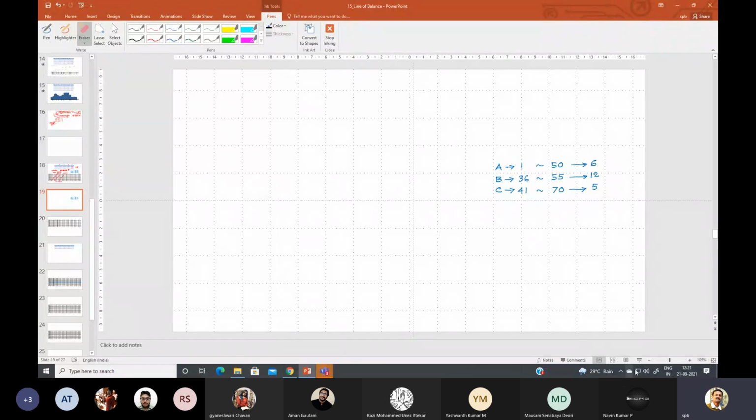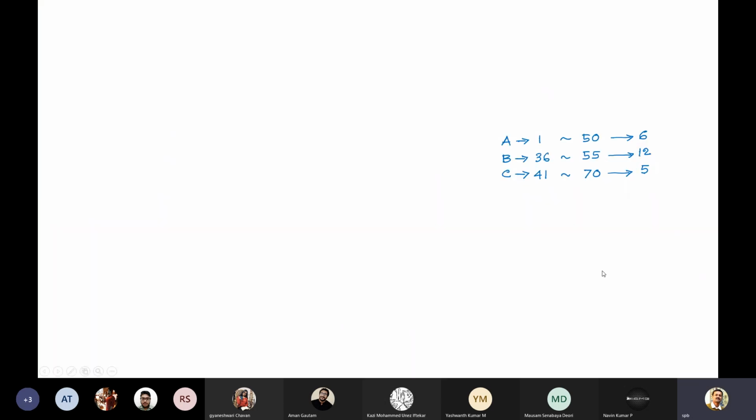So here, let me go again. Here, I know that I can now try to make the histogram. You can also try to make the histogram. So this is the one.